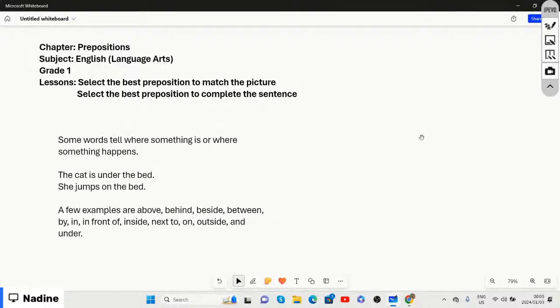Which means that we are going to find out what a preposition is, possible examples of a preposition, and then we're going to select the best preposition and match it with different pictures so that we can basically see where what is. And then we're also going to select the best preposition to complete a sentence.